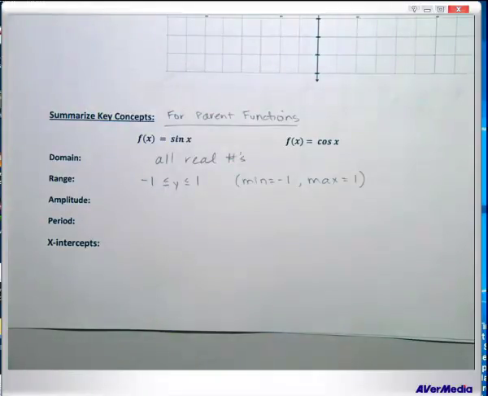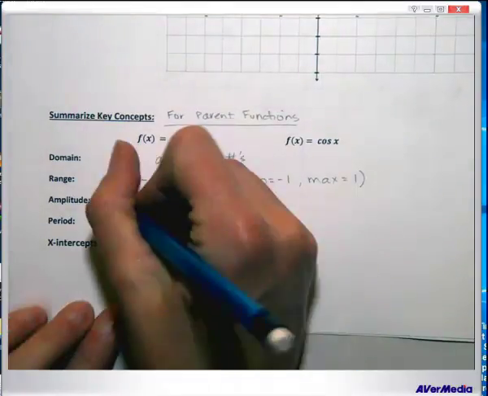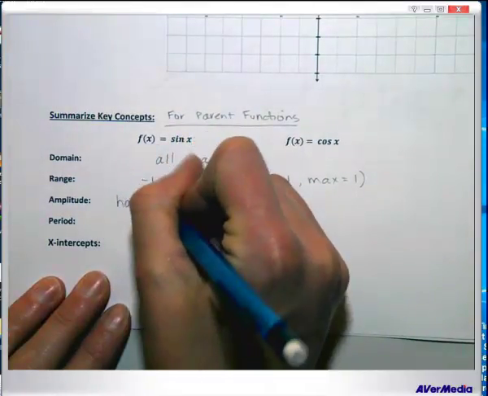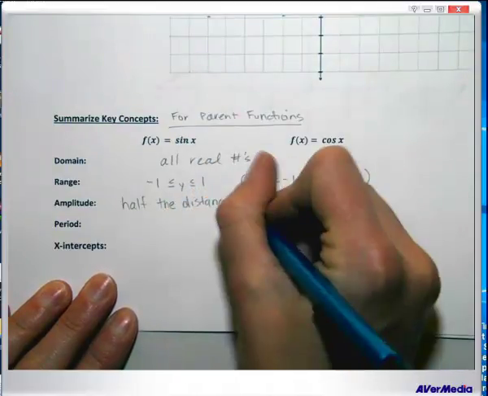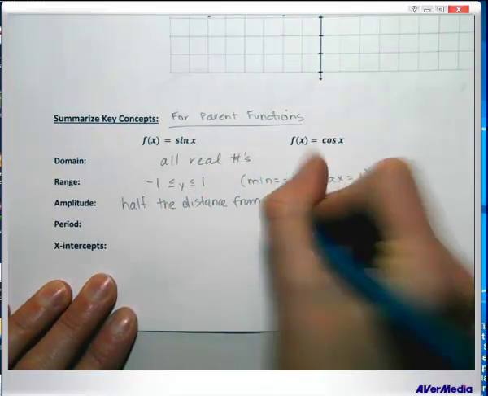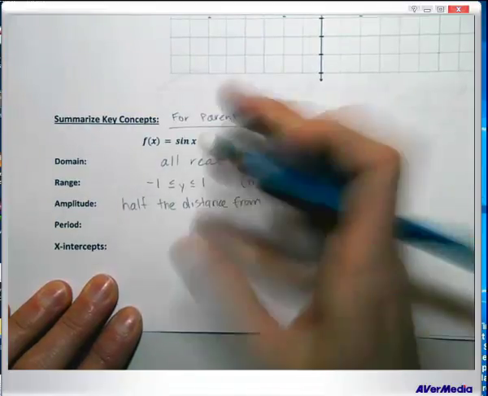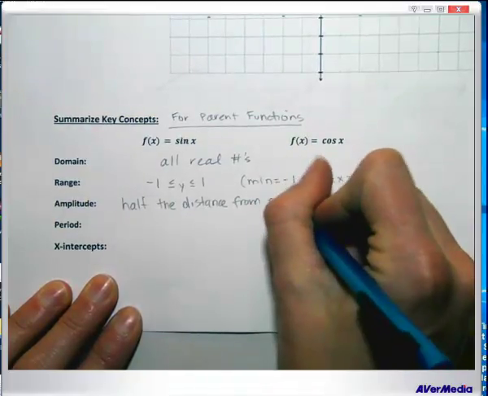So that gets at something that's a new term for you, amplitude. Although you might have done some stuff with amplitude in science classes, when you're talking about frequencies and stuff. Amplitude is half the distance from the max to the min.